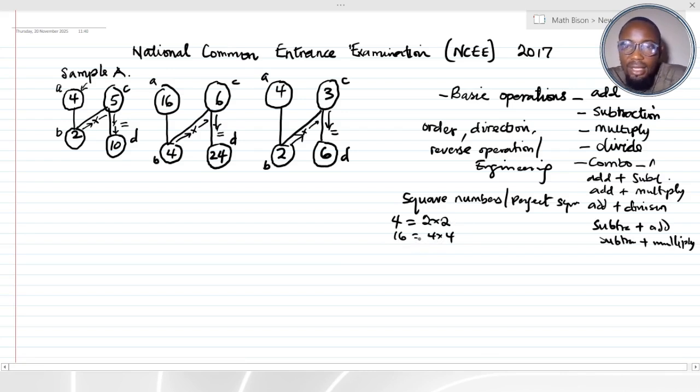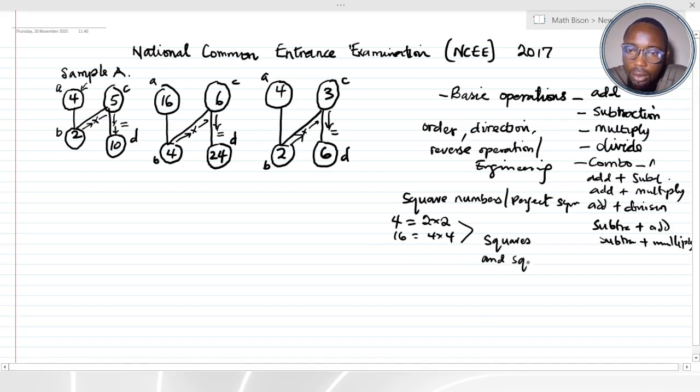When you have this, there's usually this idea of squares and what? Square roots. So one of the things that prepares you for quant is that you should try and learn at least your squares of numbers from 1 to 20, because that's the only way you will see a square number and be able to recognize it.